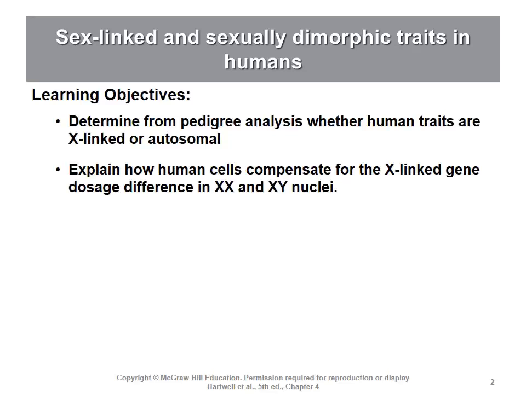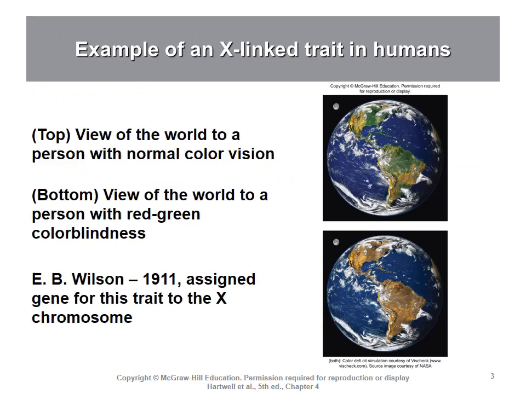The number of progeny is really small, and the generation time is really long. So what Morgan discovered, what Walter Sutton discovered, and what was found in other model organisms can also be applied to humans.